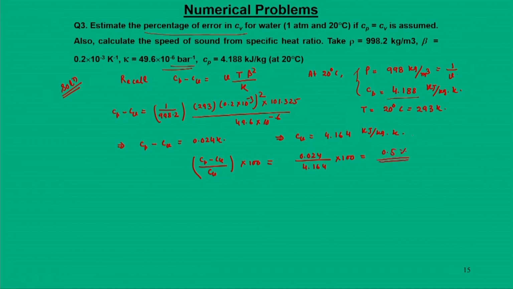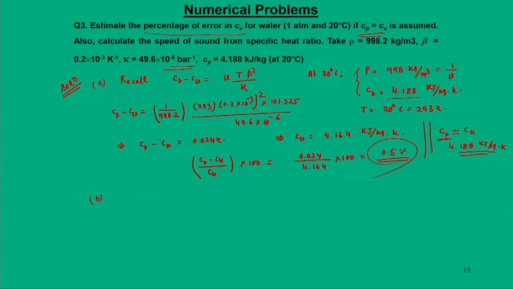So, basically if you assume Cp is equal to Cv, we will land up with a 0.5% error. So, by default we say Cp is approximately equal to Cv, and that value is assumed as 4.188 kilojoule per kg Kelvin, and this is taken from the experimental data recorded at constant pressure. So, this is the first part of the problem.